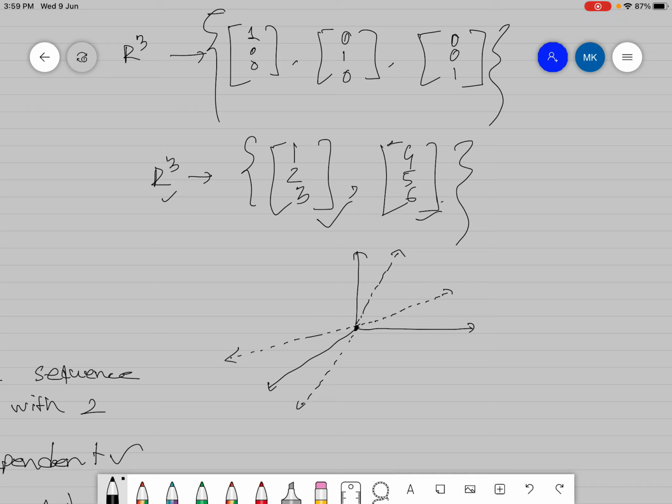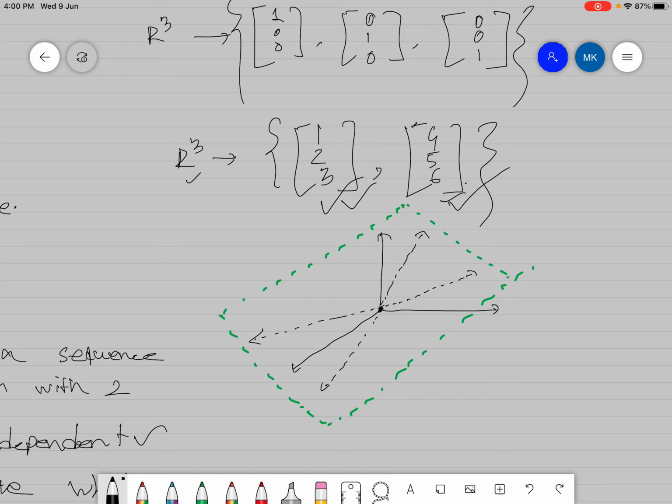What are all the combinations of these two vectors? You already know that it would be a plane, right? Only if we had another vector could we span the whole of R3. So though these two vectors are independent, they cannot span the whole of R3.